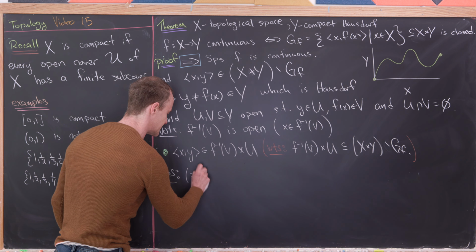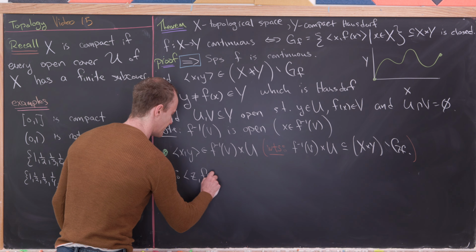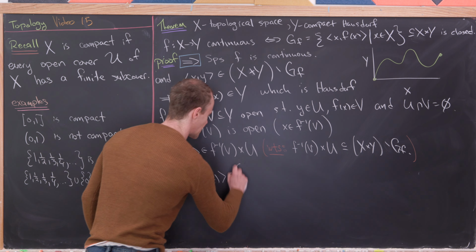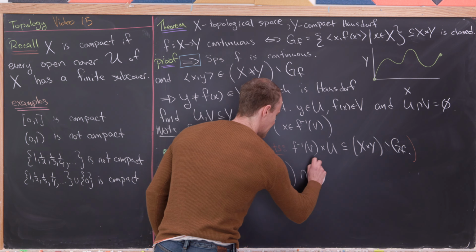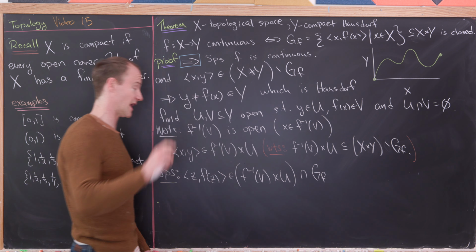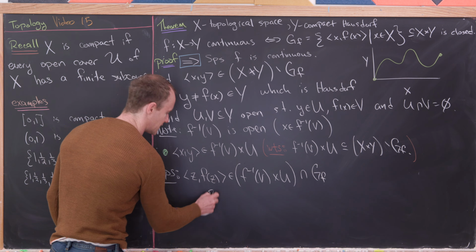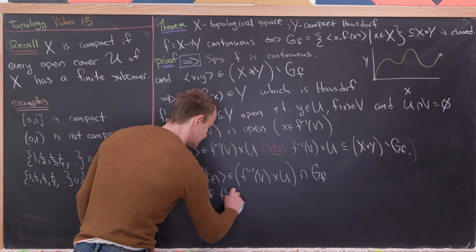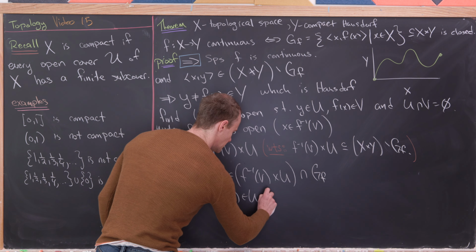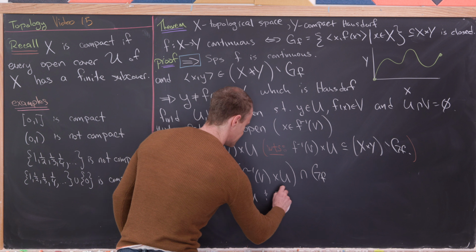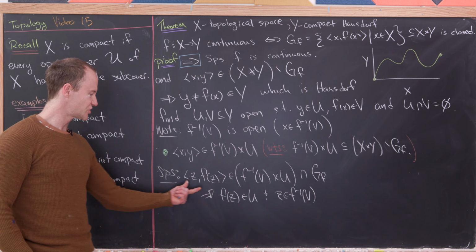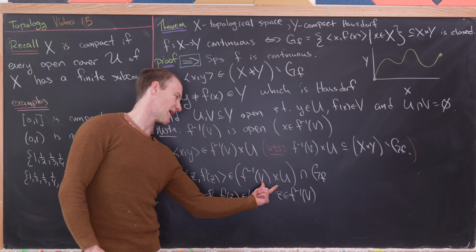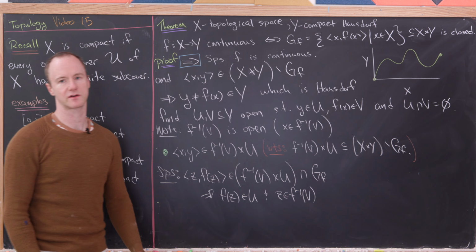So let's suppose that (z, f of z) is inside of the pre-image of V cross U intersected with G sub F. But that tells us that f of z is inside of U and z is inside of the pre-image of V. That's just because this ordered pair is inside of this cross product right here.